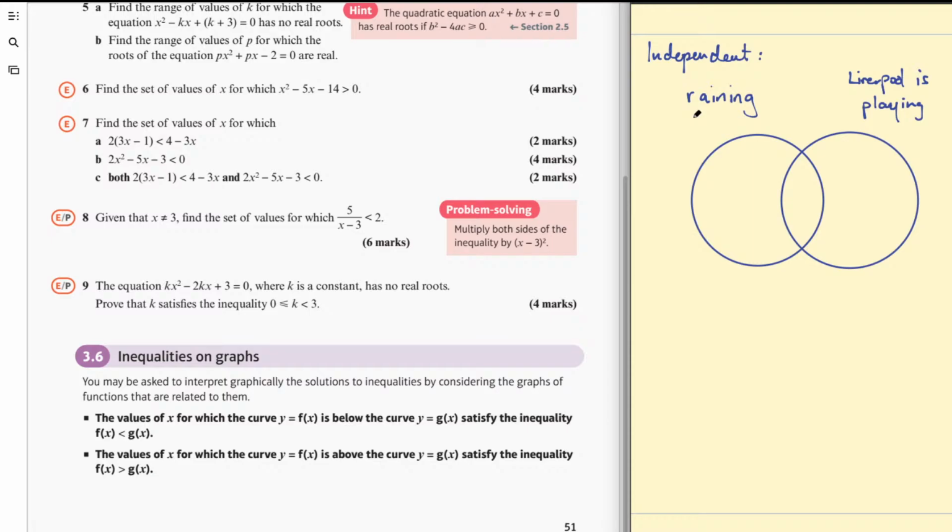And the fact that it's raining does not impact on whether they play football or not, unless they're really soft and they say, "Oh no, it's raining, we don't want to play football." But you get the point. Even Liverpool play in the rain. And also the fact that they're playing football does not impact on if it's going to rain or not. So these are examples of two independent events that also have an intersection. They can also happen at the same time.